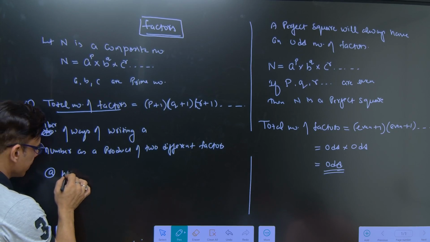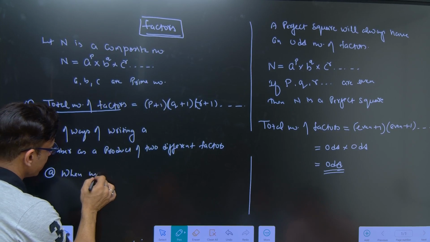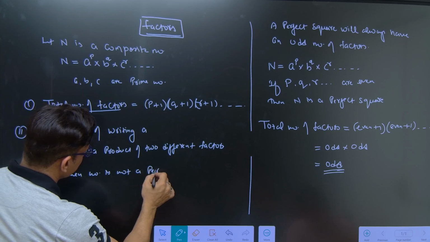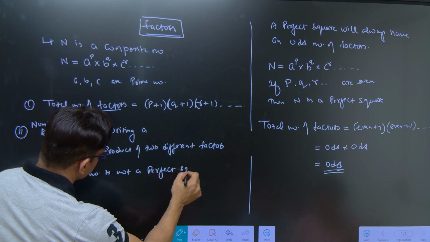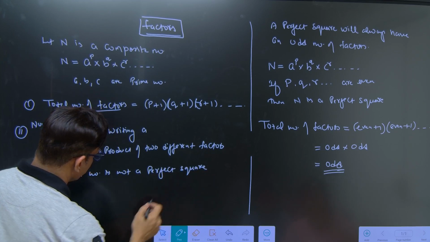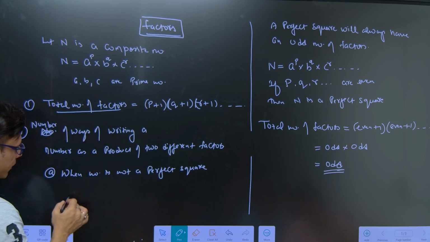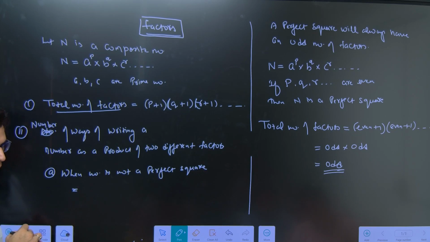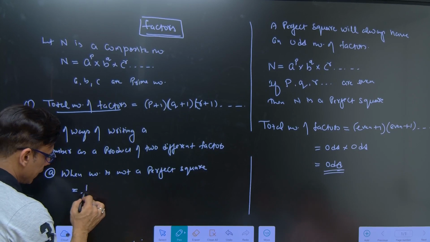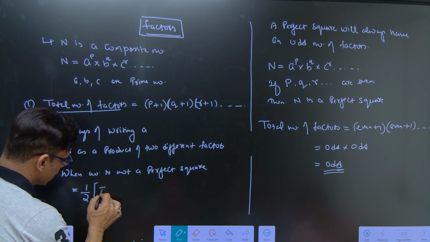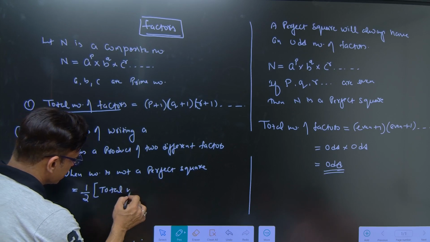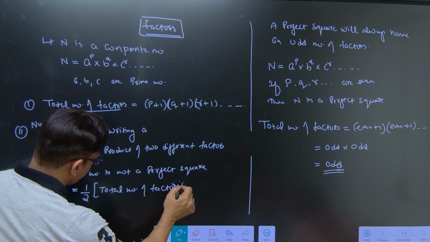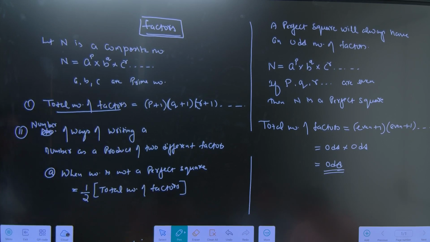First case is when the number is not a perfect square. So when the number is not a perfect square and you have to find out the number of ways in which you can write a number as a product of two factors, it is simply half of the total number of factors.